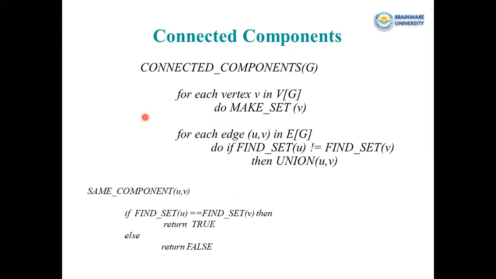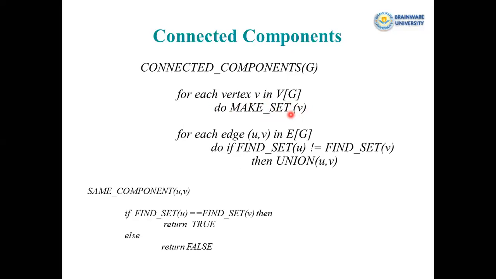The first is the connected component function, and it uses G, a graph, as a parameter. Next, for each vertex v in V of G, that means v is an element of the vertex set we have in G. If you consider G as a graph, it contains the vertex set and the edge set. So for each vertex v in G, we apply the make set operation.